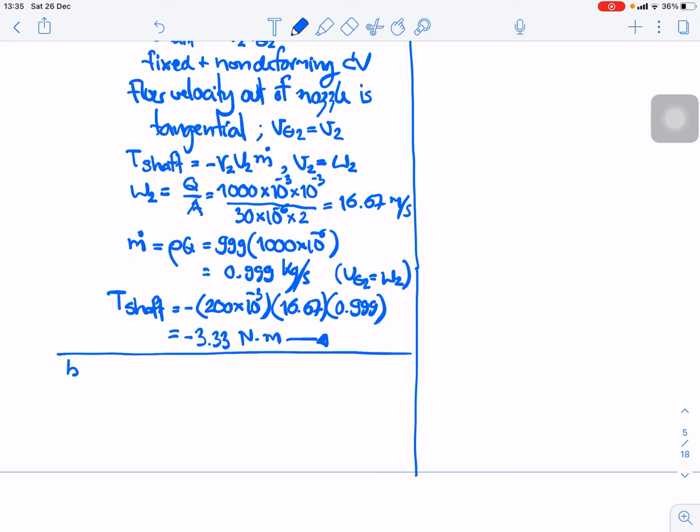And for part B, we are given that the angular velocity is 500 rpm.